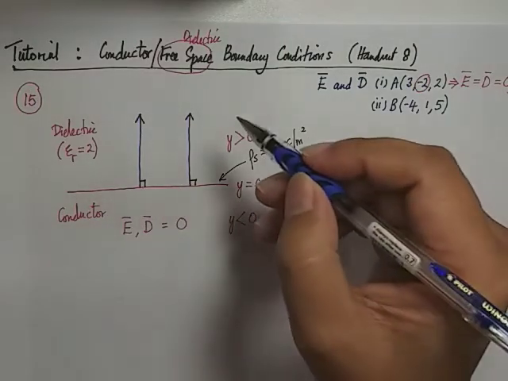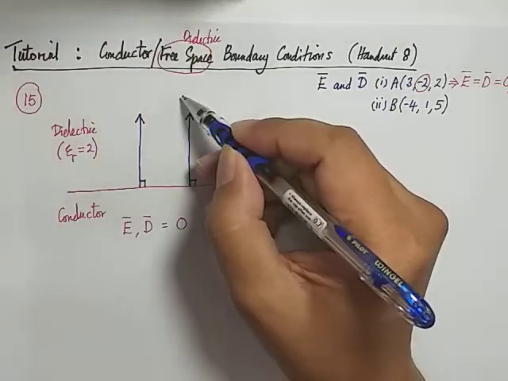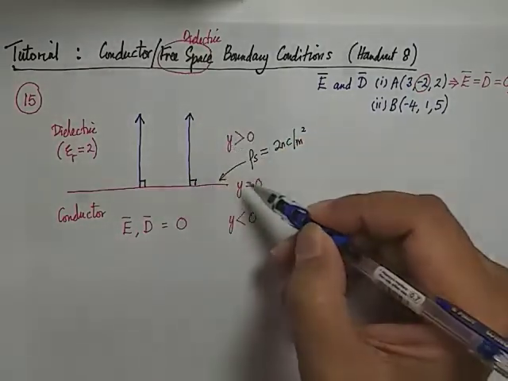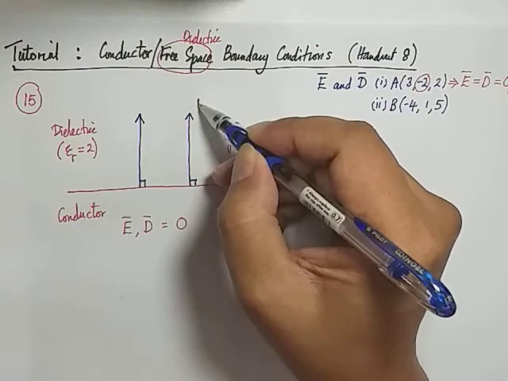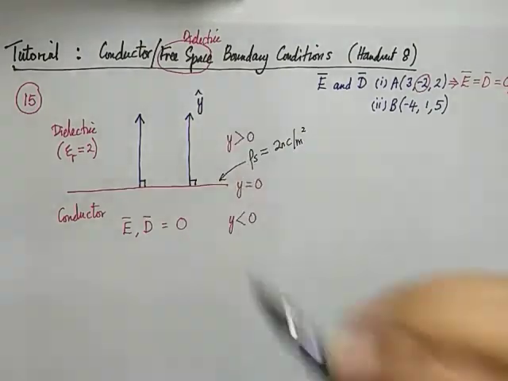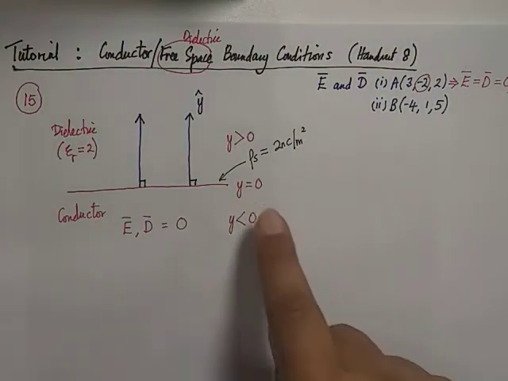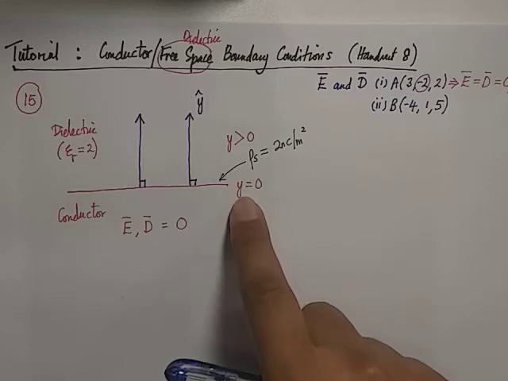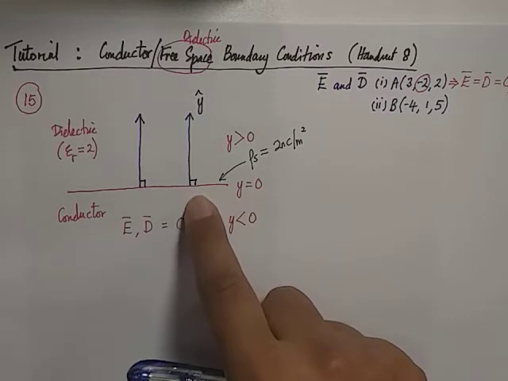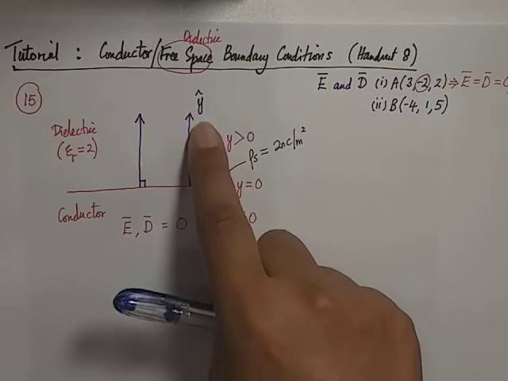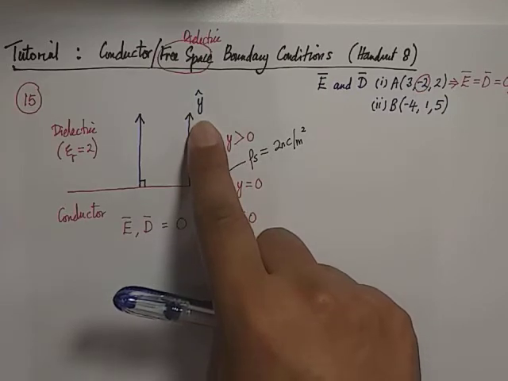So we know the direction of the field, which direction will it be? It is going to be in the y direction because it is normal to y equal to 0. So the unit vector normal to y equal to 0 is going to be in the y direction. How about the magnitude of the D, as stated in our discussion before?